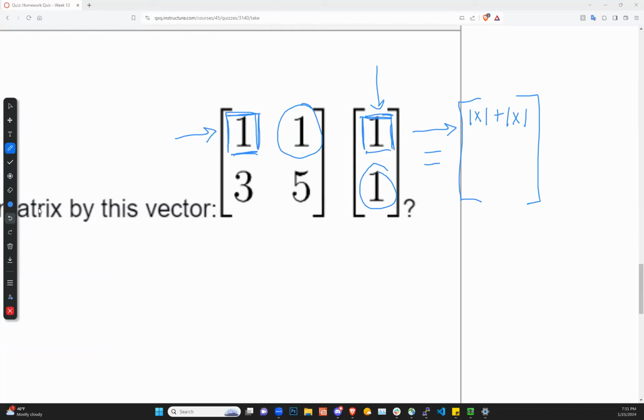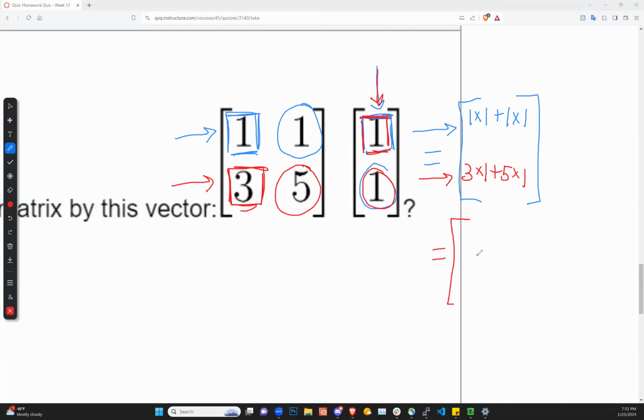Then I'll change colors again, and now I will multiply across this row and down this column, and that'll give me the number on the bottom because I'm multiplying across the bottom row. And so I'll end up with this 3 times this 1, so 3 times 1 plus this 5 times this 1.